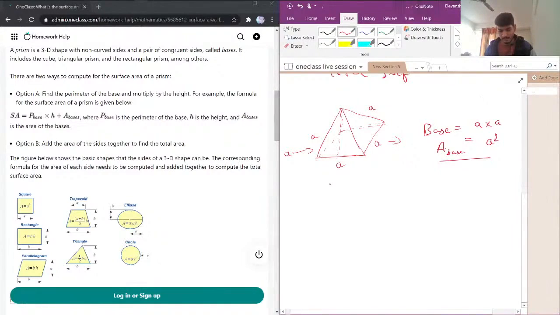The area of an equilateral triangle is √3 by 4 into A square. Now we have four sides, so we'll just multiply this by 4, because we have four equilateral triangles.